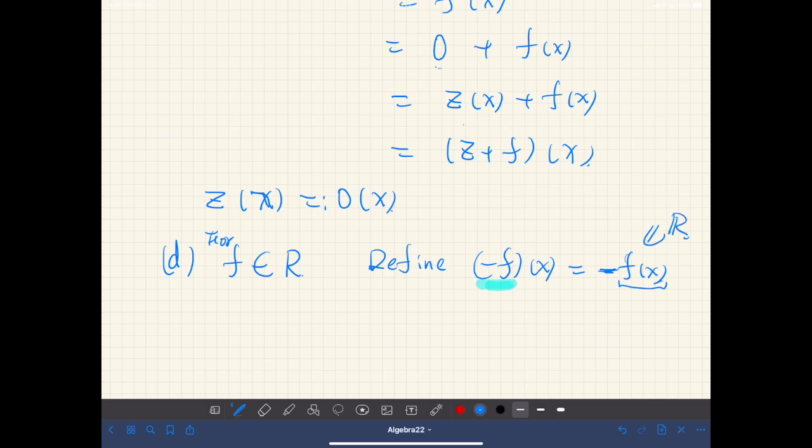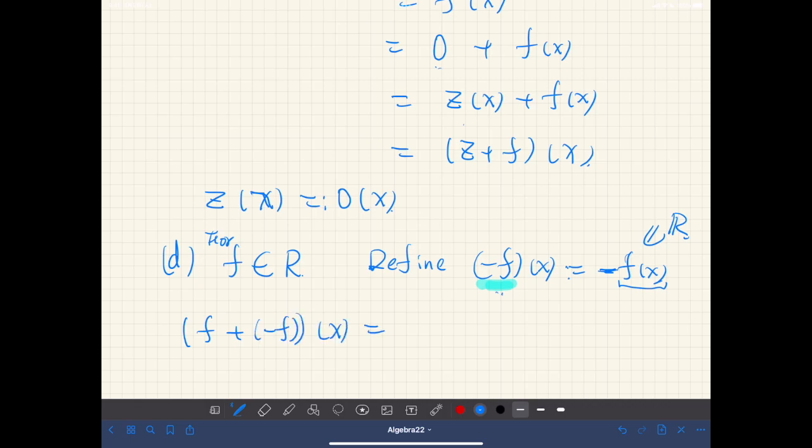So we define this function, negative f, by this, and show that this function behaves as the additive inverse of f. Okay, to see that, we consider this.